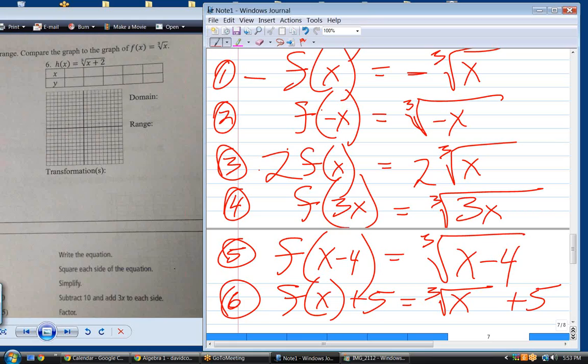Wouldn't it be 1 just without the negative? No. How about number 5? That was my second choice. Right. In other words, that's what it is. It's f of x plus 2.